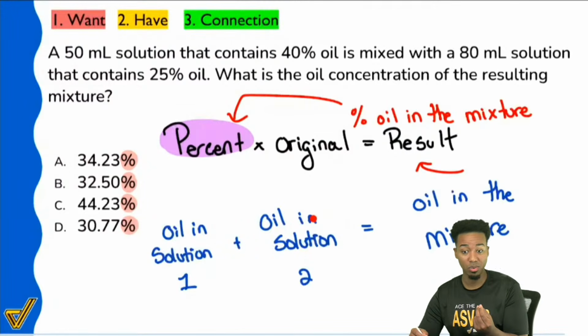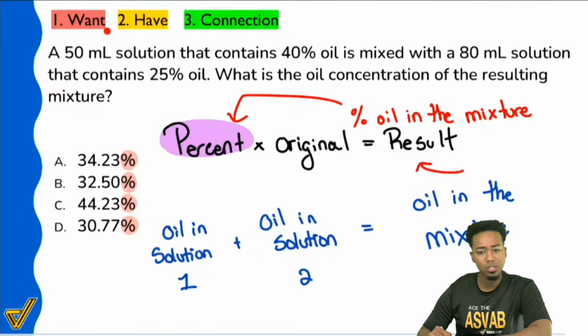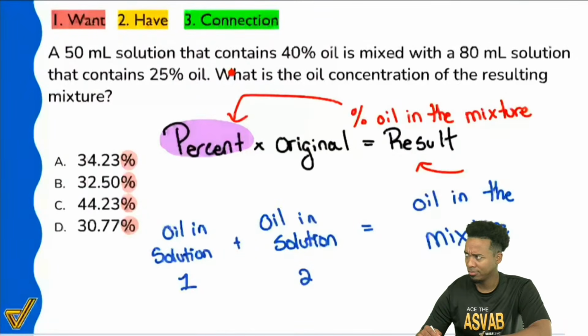Heck, they don't even tell you the amount in the mixture. So what do we need to do? Let's read over here. A 50 milliliter solution that contains 40% oil is mixed with an 80 milliliter solution that contains 25% oil.